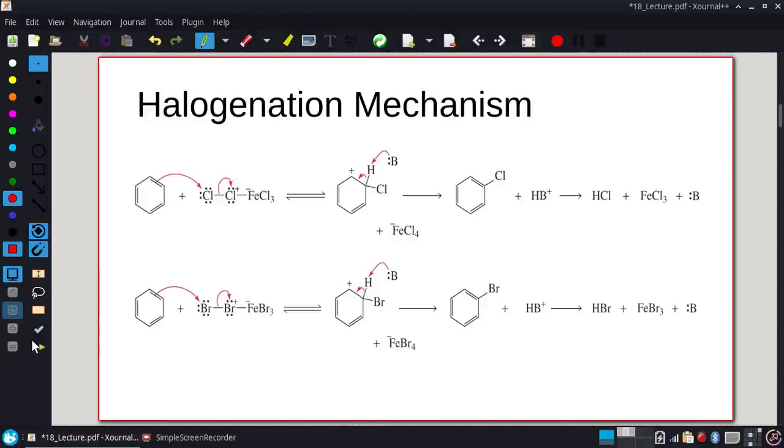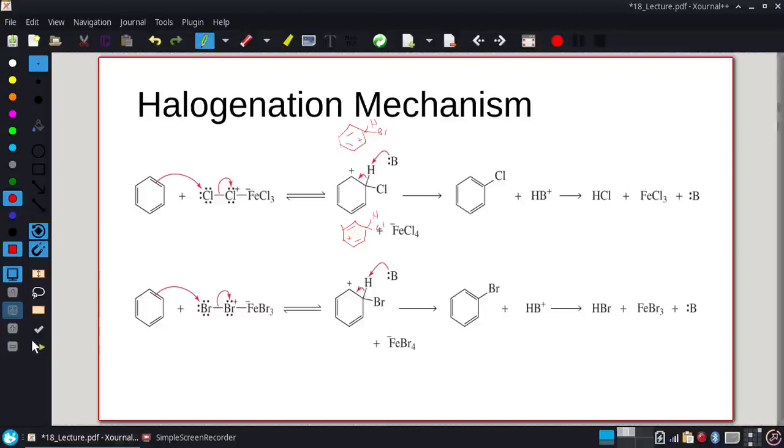Now this will resonate. I don't have all the resonance structures here, but like for this one, I'm going to move this up and put the positive here. And I have another, I'll have to put it up here. We're going to move this up and put the positive there.